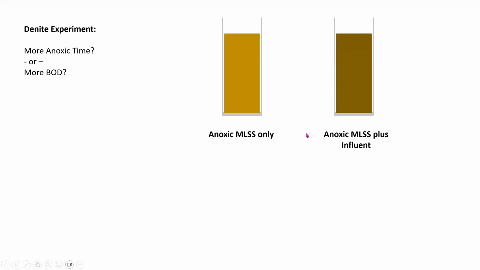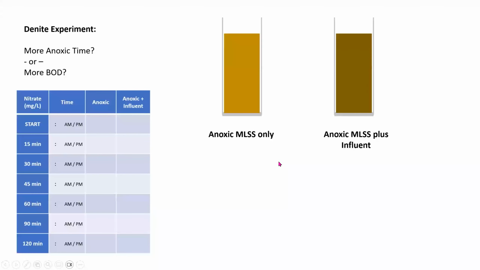So you mix it up, and then you create a little chart, and you write down what's the nitrate concentration. And I tell you, you can use test strips to do this at the start. Well, the start, they're going to be different, right? Because this nitrate's going to be higher than this nitrate, because raw wastewater has almost no nitrates. So that bit of influent you put in there is going to dilute the nitrate concentration.